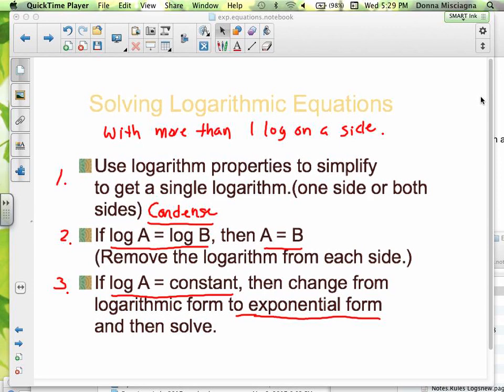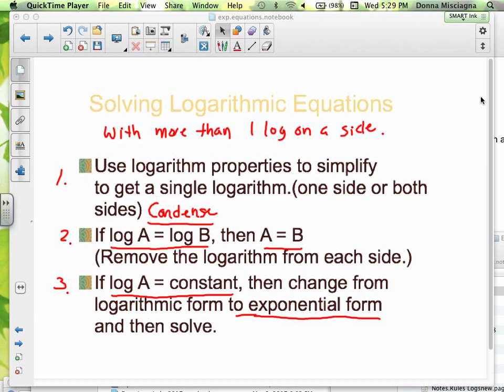Once you condense, you have log A equals log B, and if those bases match, then you can remove the logarithm from each side, drop the log, and just set what follows equal, just like the problems we did in the first part. If you have log equals a constant, then you'll just change from logarithmic form to exponential form and solve.